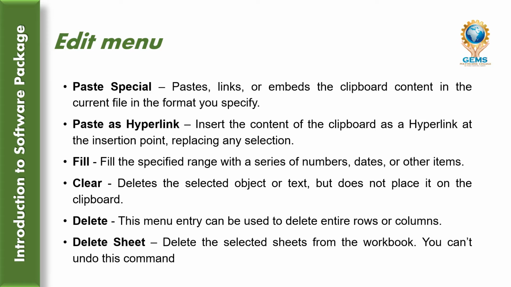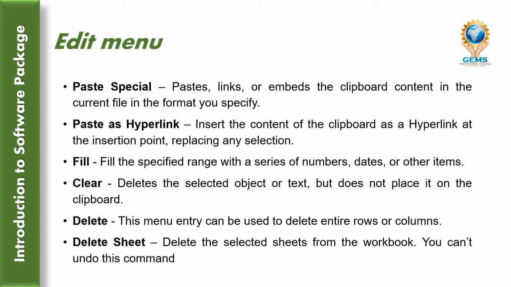And the Fill option specifies the range with a series of numbers, dates or other items in Microsoft Excel. And the Clear option helps you delete the selected object or text, but does not place it on the clipboard.